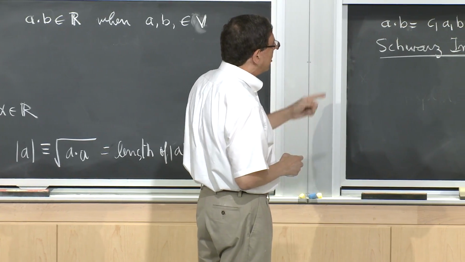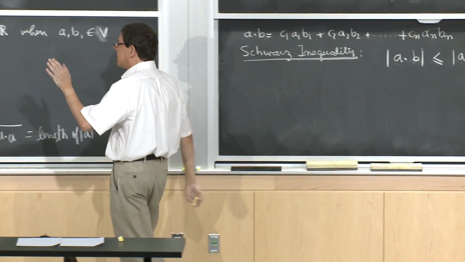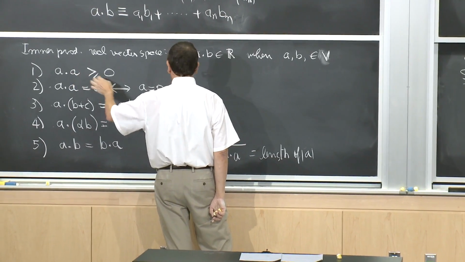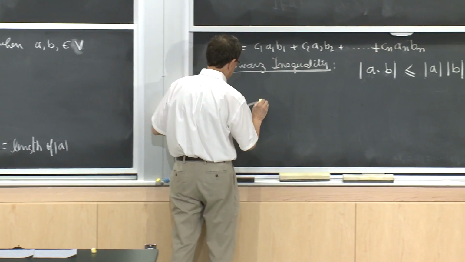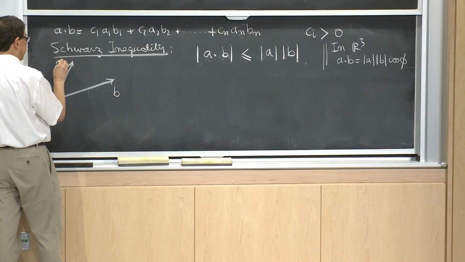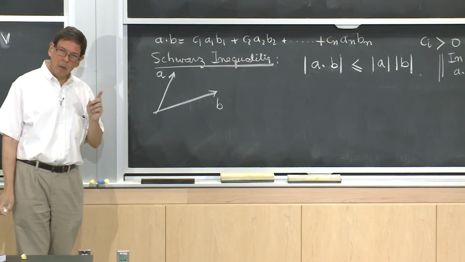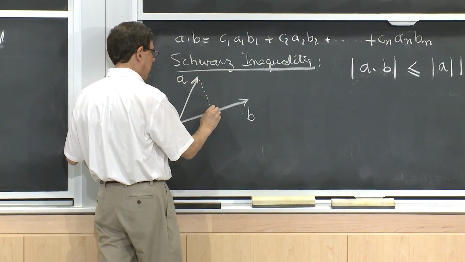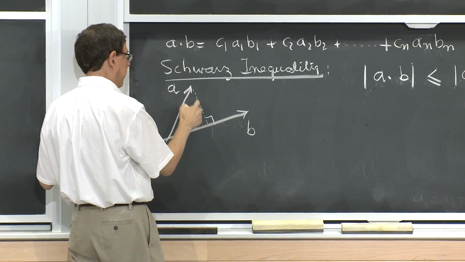The way you go about proving this is again through this statement that any vector has positive length squared, A dot A is greater than or equal to 0. So consider a vector B and a vector A. And now we will build the orthogonal projection here.